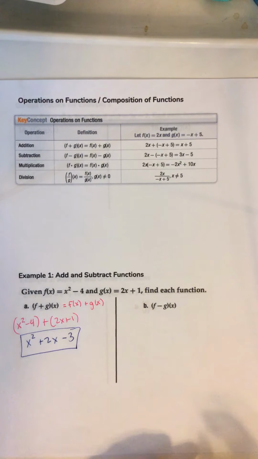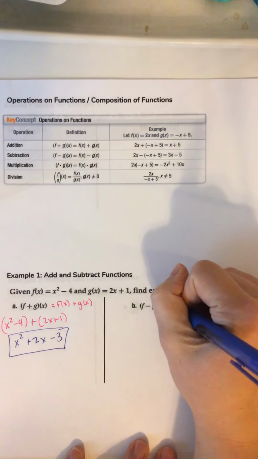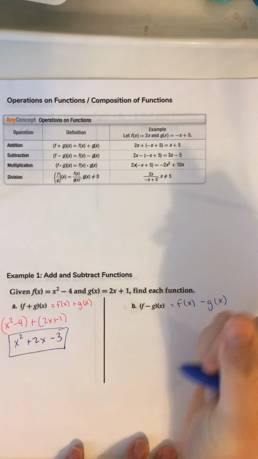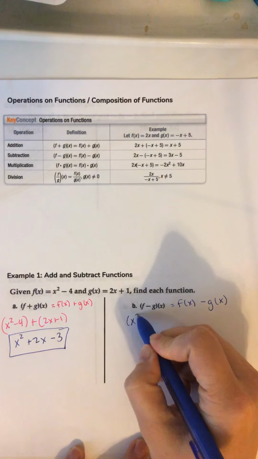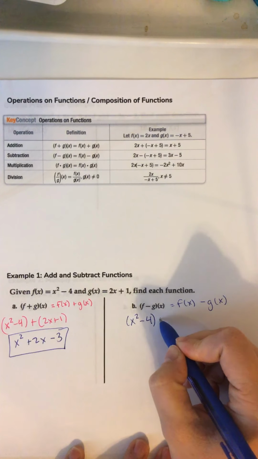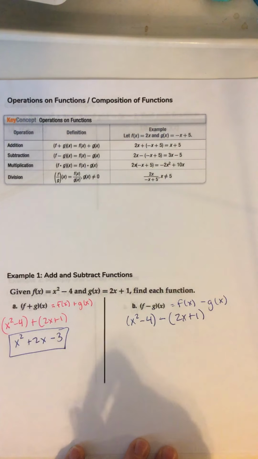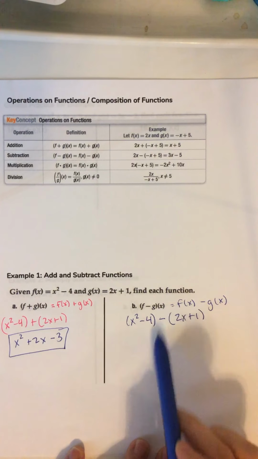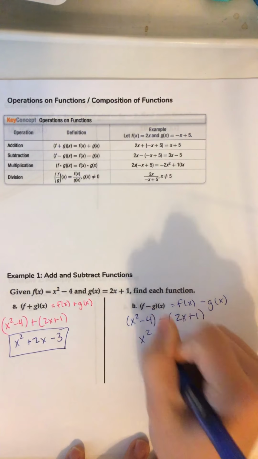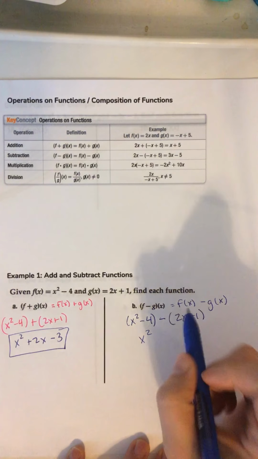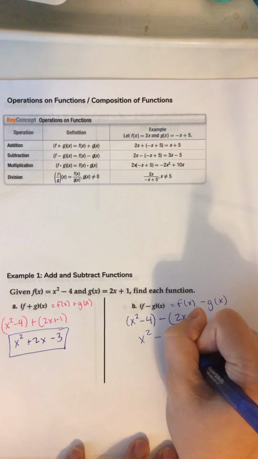And then very similar over here for the subtraction, this is just f of x minus g of x. So we would have x squared minus 4 minus 2x plus 1. Well, x squared minus nothing else is still just x squared. And then a 0 minus a 2x is going to give us minus 2x this time.